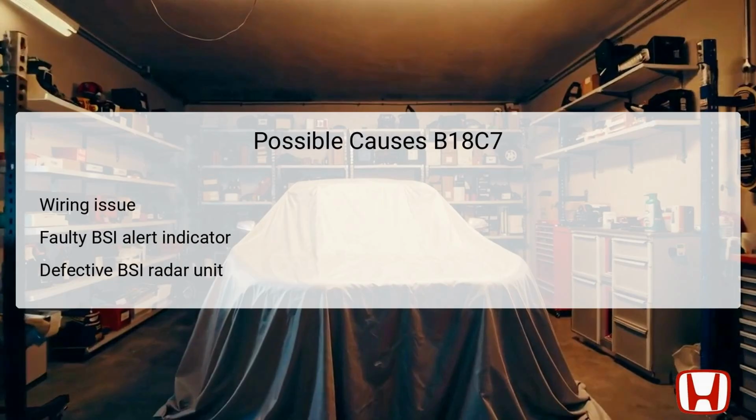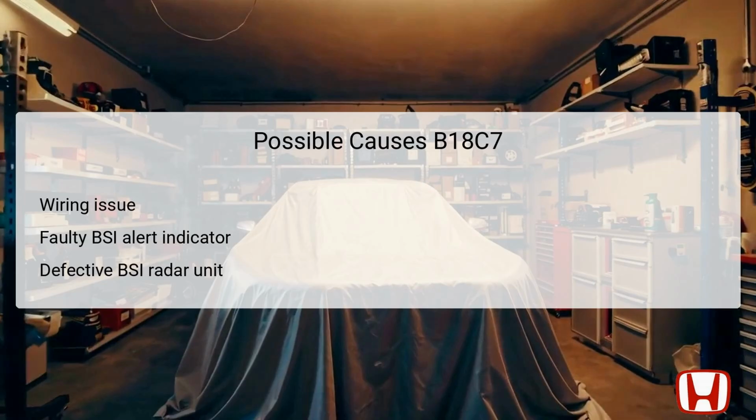The potential causes for the DTC B18C7 include several scenarios. A wiring issue is a common culprit. Breaks or shorts in the wiring can disrupt the flow of current and cause the open circuit condition. A faulty BSI alert indicator itself may have internal malfunctions that prevent it from receiving or displaying signals correctly.